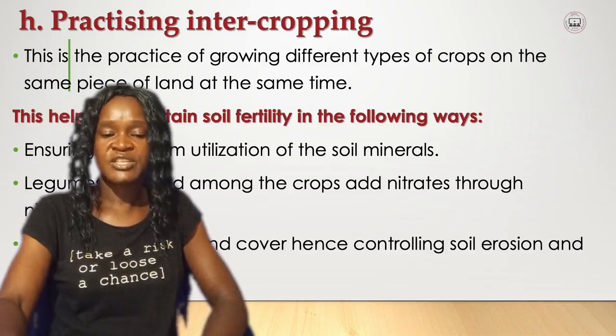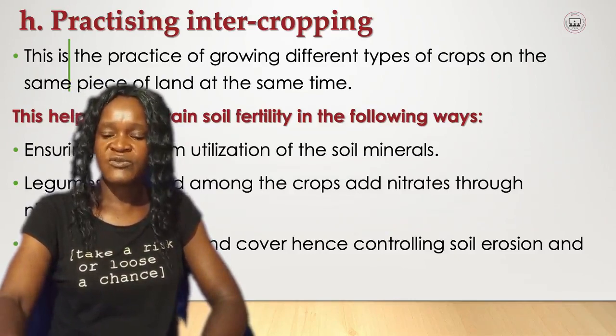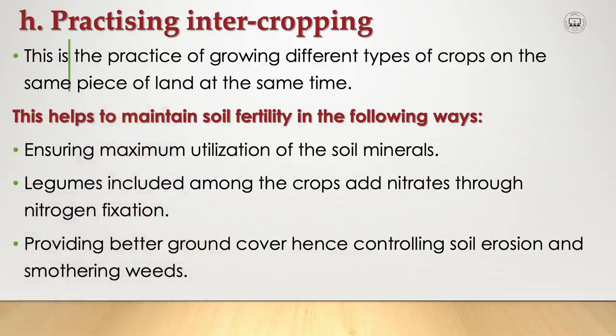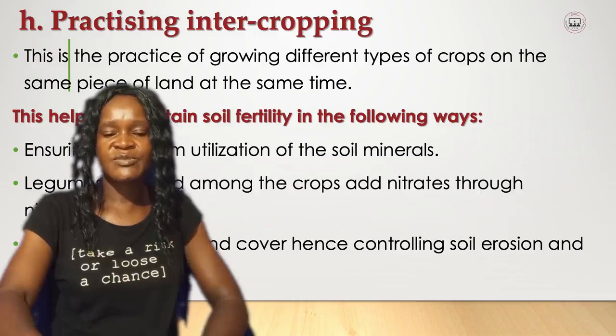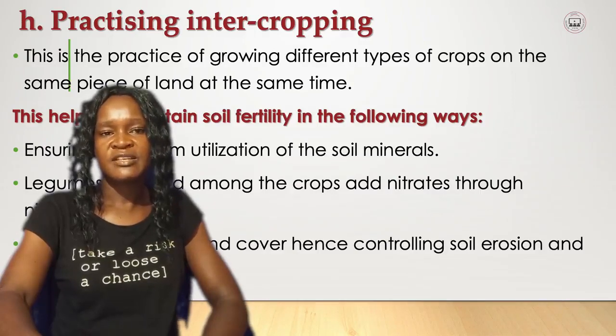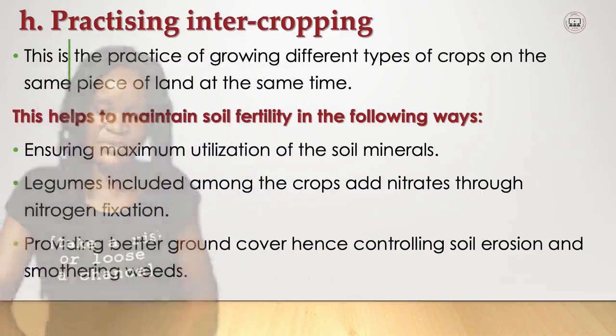There will be no splash erosion just because the soil will be covered by vegetation most of the times, and that will also smother the weed growth. The weeds will not be growing healthy just because the land is covered with the crops or the vegetation.